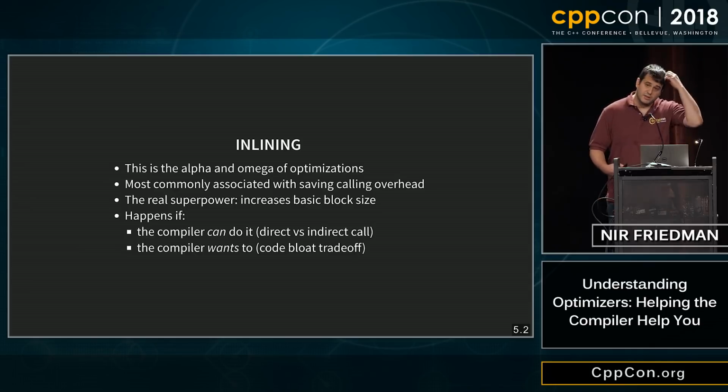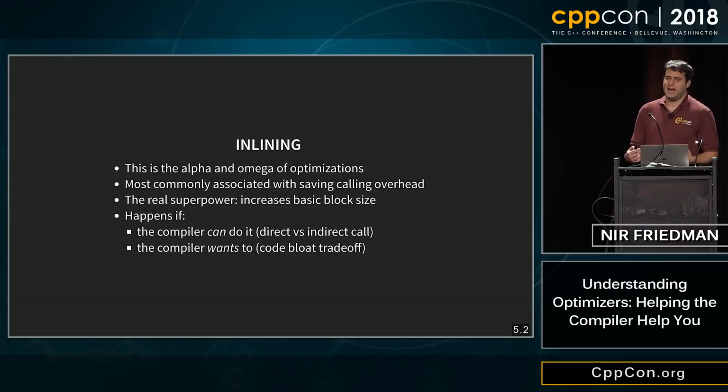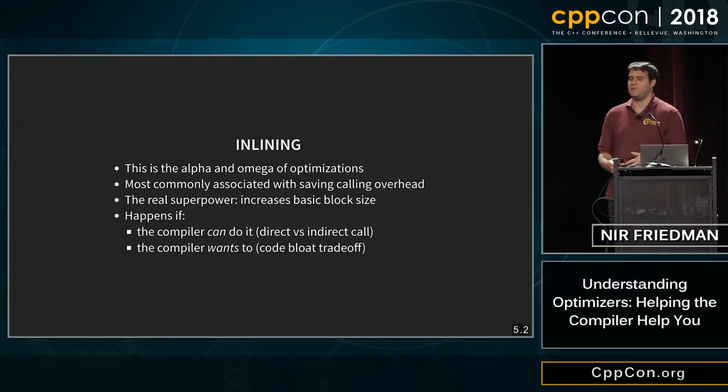But the real killer effect from inlining is that it makes so many other optimizations possible. When you inline a function into another, you basically fold them into the same basic block. And then you get all of these other nice optimizations. My inlining example is not that interesting, but in the other examples, you'll see how inlining plays a huge role.